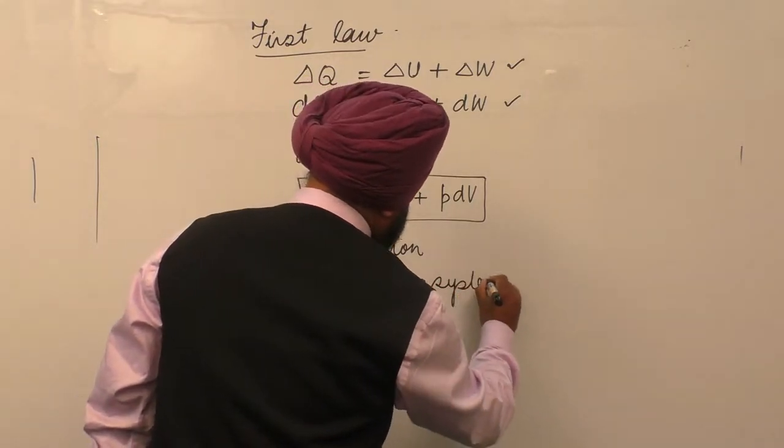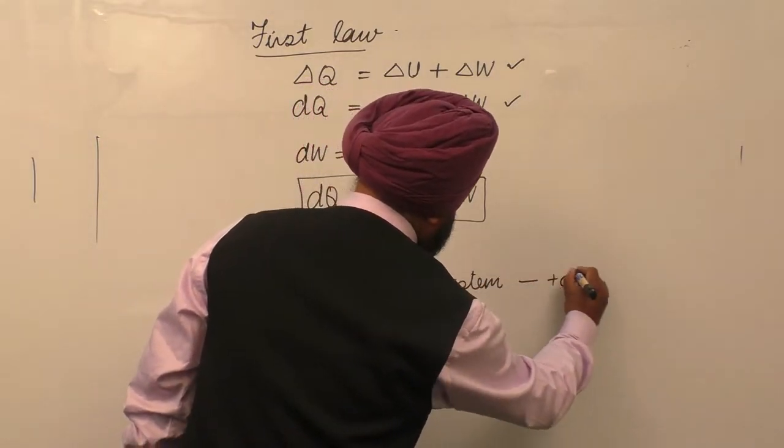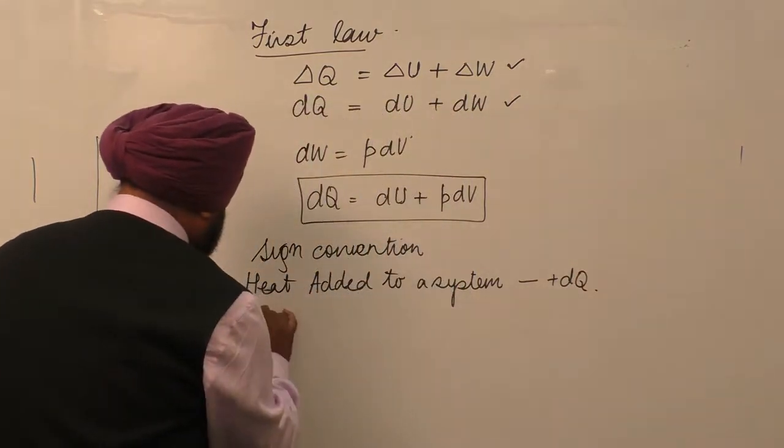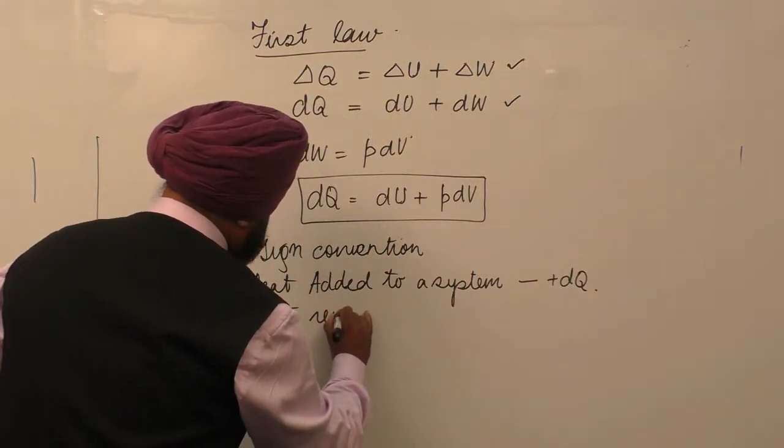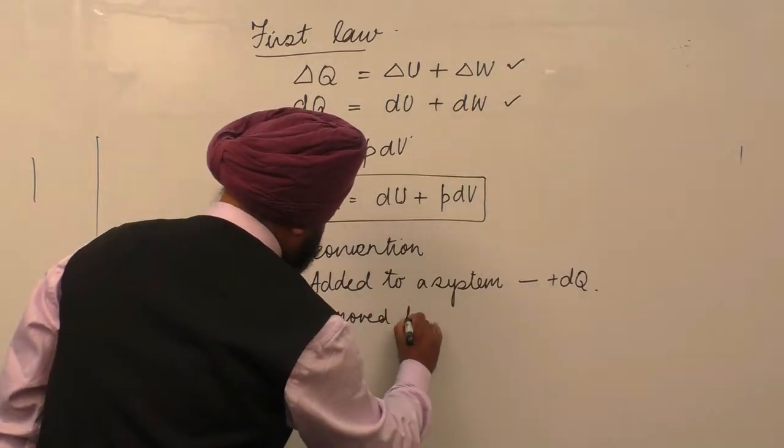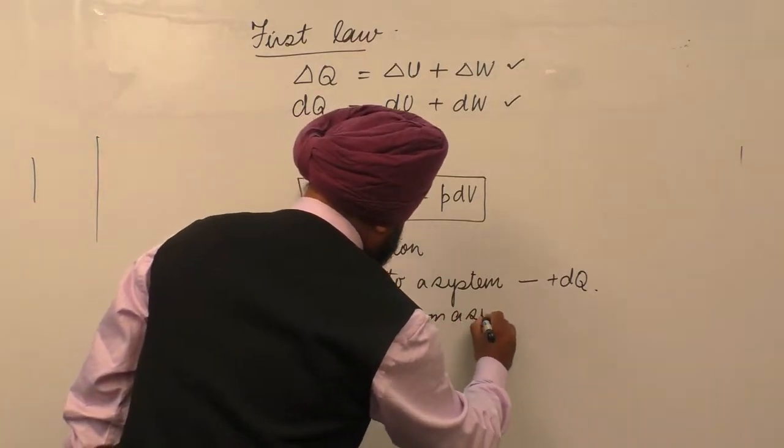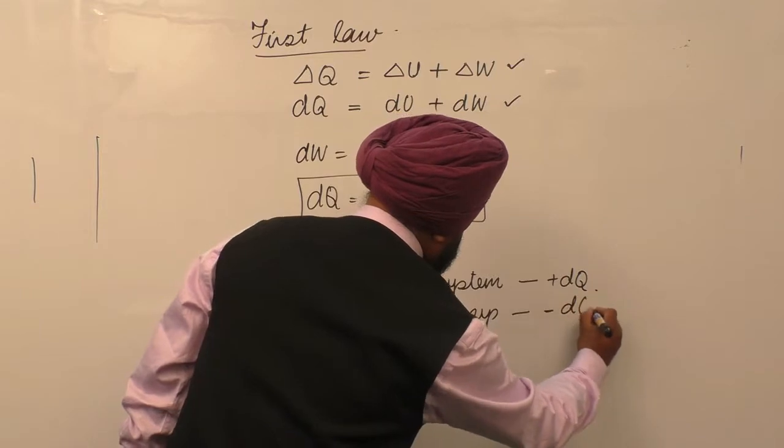If you add heat to a system, then we will take plus dQ, and heat removed from a system, if you remove heat from a system, we will write this as minus dQ.